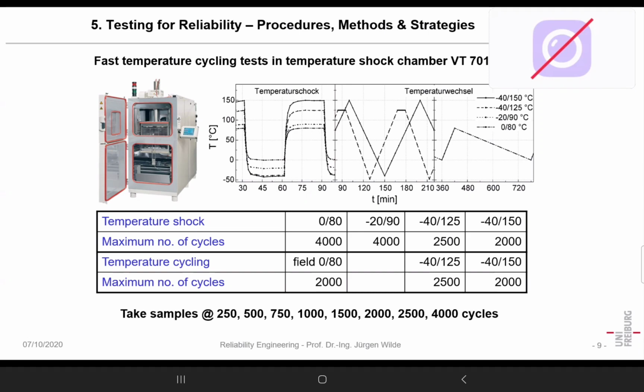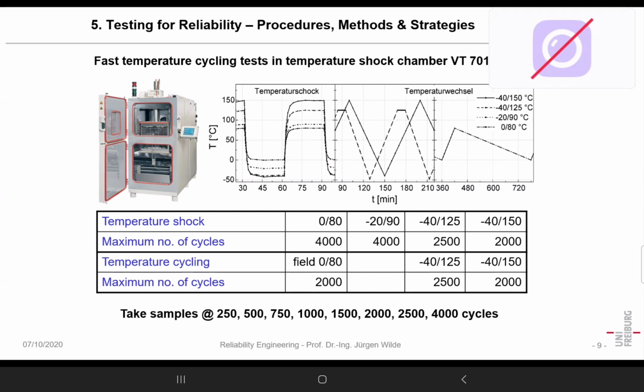And on the other hand, some solution which is cooled to some minus temperatures, and then the device is just dipped in and taken out, dipped in just by a robot arm or so, and that is called temperature shock.